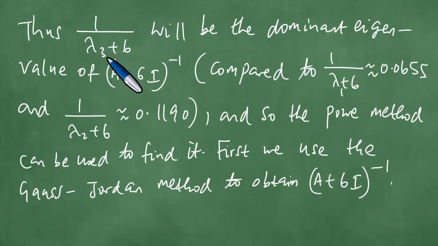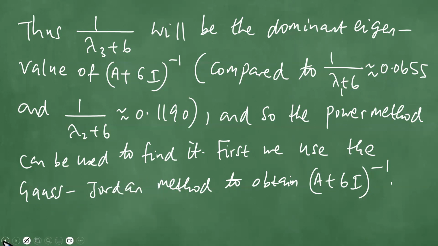If lambda 3 plus 6 is small, then the reciprocal or multiplicative inverse will be the dominant eigenvalue of the inverse matrix compared to 1 out of lambda 1 plus 6, which is approximately that, and 1 out of lambda 2 plus 6, which is approximately 0 point that. And so the power method can be used to find it.